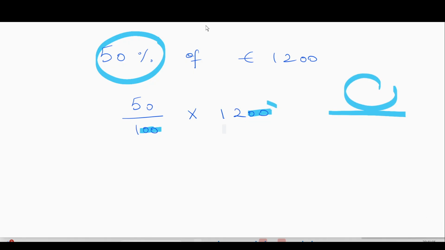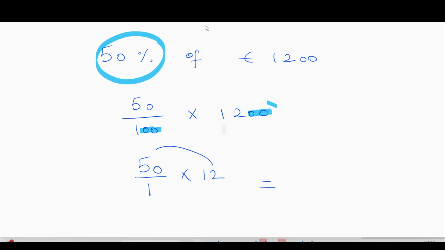When we have a quantity in the numerator and the other in the denominator, we can cancel them, right? So these two zeros cancel out with these two. We have 50 over 1 times 12, this is what we are left with. So we multiply 12 with 5, which is 60, then we have a zero there. We put it here, and that's our answer, 600 euros.